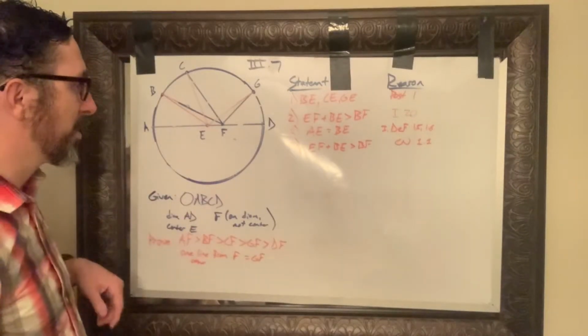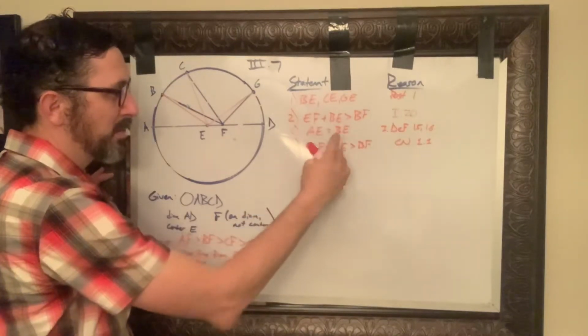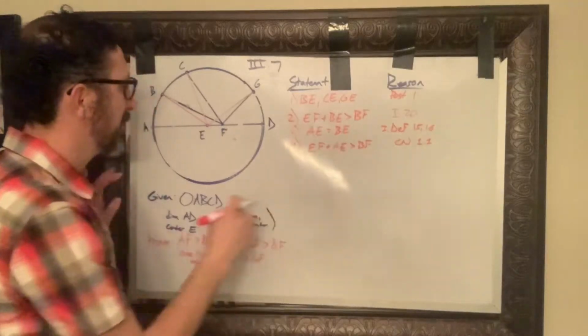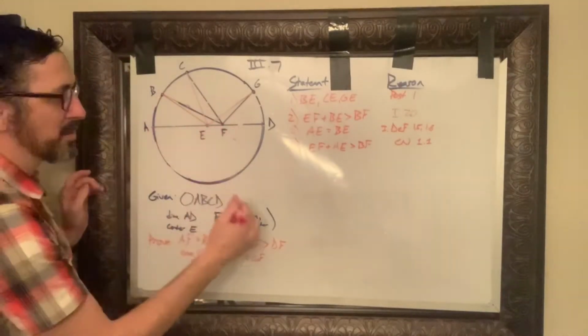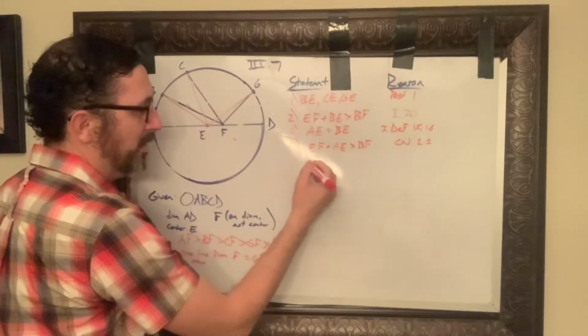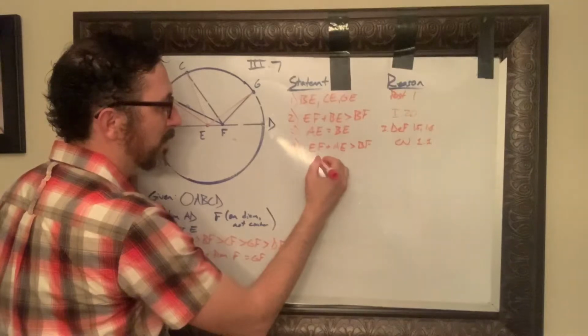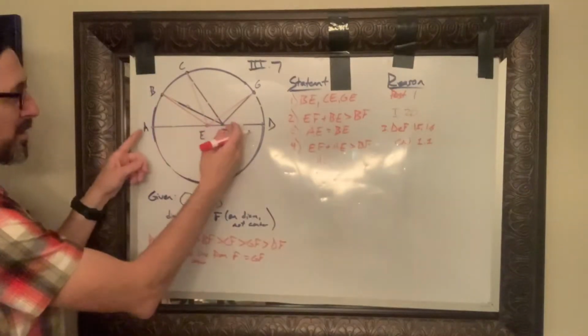Okay, so again, since AE and BE are the same, we'll say EF plus AE. Okay, so this plus this are bigger than this. Well, EF plus AE are the same as AF.